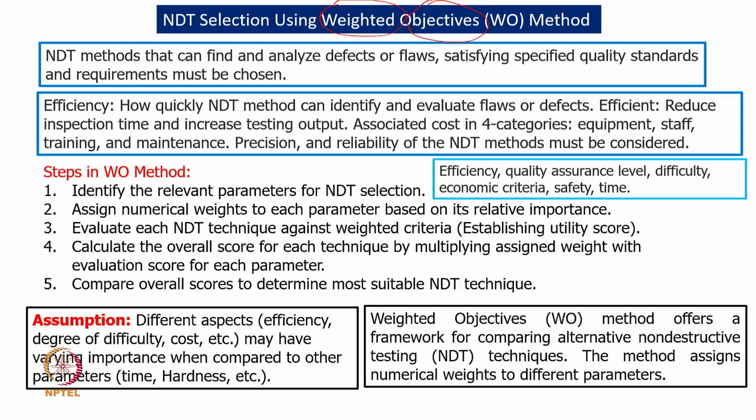We are looking at which method will be the best for you: the NDT method that can find and analyze the defect. Finding is not sufficient; we also need analyzing and, if possible, classifying the defect as a defect or flaw. It must satisfy all the quality standards.